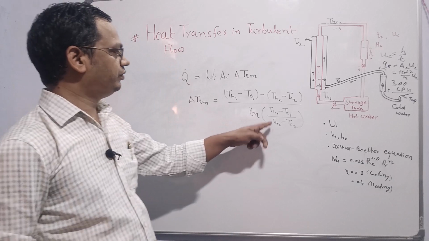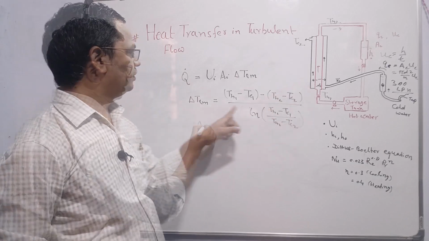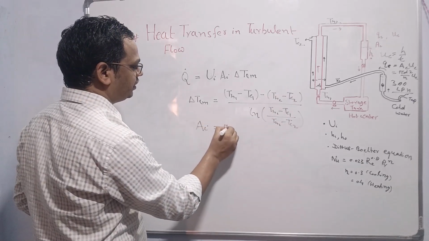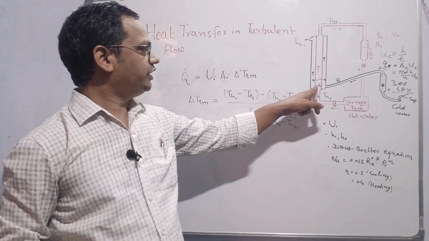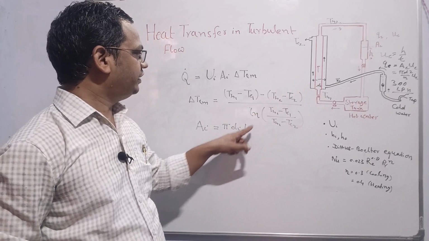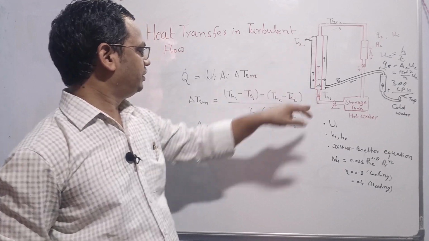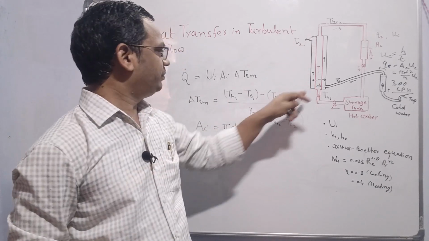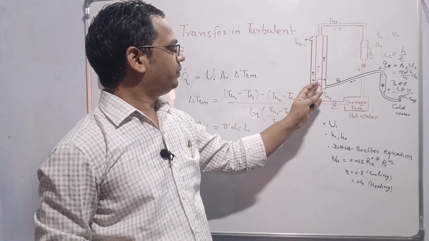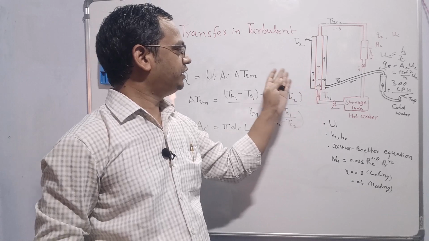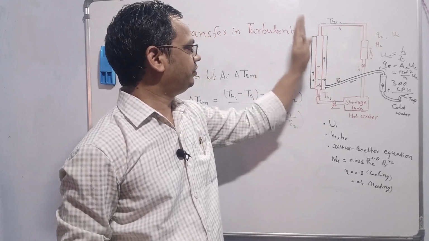All values we know for a particular flow rate. Ai is nothing but pi di into L. Di is the inner diameter of the inner pipe, L is the length of the pipe. In this case, we have to take the surface area of the pipe, not the cross-sectional area. Of course, this is also a cross-sectional area, but in the direction of heat flow, not the direction of fluid flow.